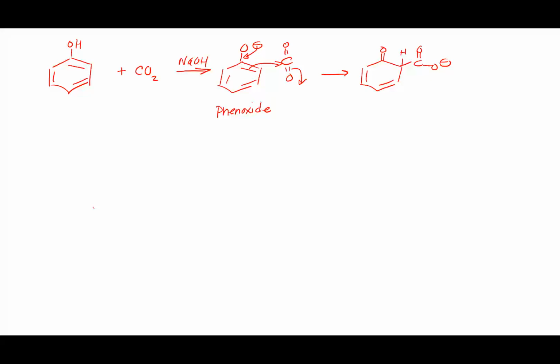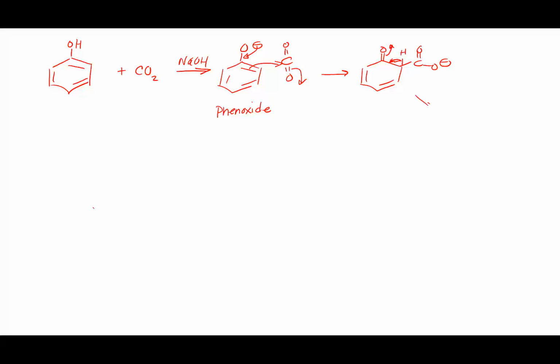Here's the issue. I've broken up my aromaticity, so I need to somehow regenerate the aromaticity. The way I'm going to do that is to lose this H+, and that pair of electrons goes back up there.